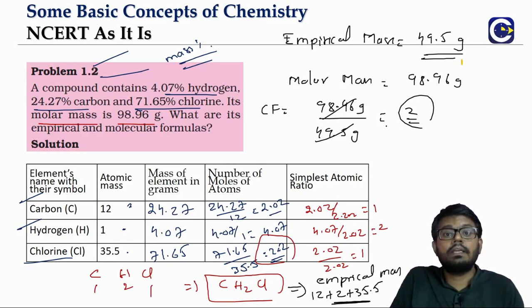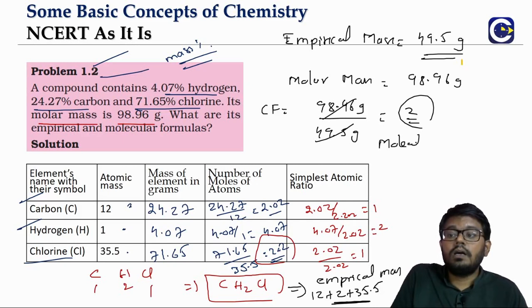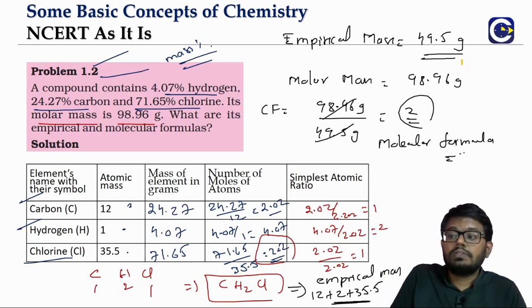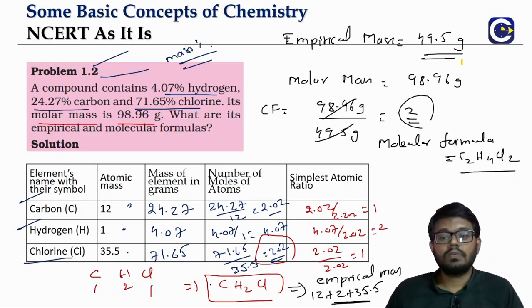The common factor here is 2, which means the molecular formula will be the empirical formula twice, which is C2H4Cl2. Because the empirical formula is CH2Cl, everything will be doubled. So it will become C2H4 and Cl2. This is the molecular formula.